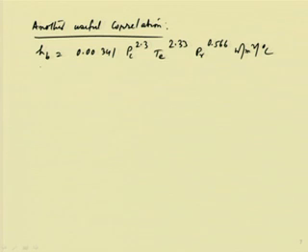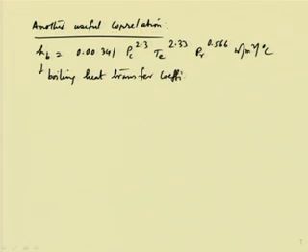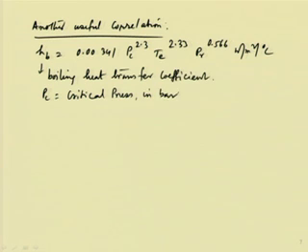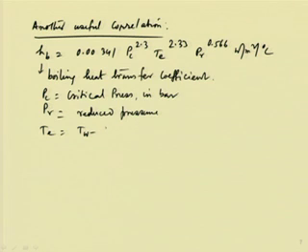Here P c is the critical pressure in bar, P r is the reduced pressure, and T excess is equal to T w minus T sat, in degree centigrade or Kelvin.